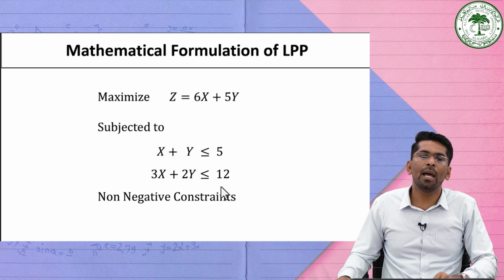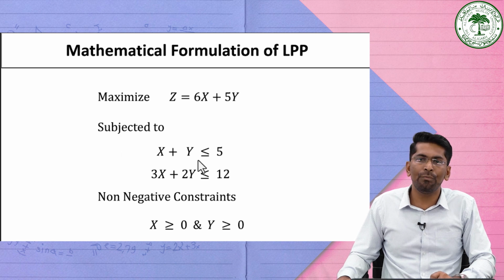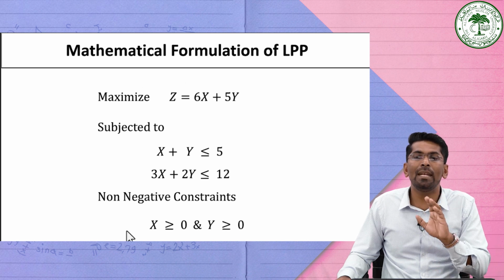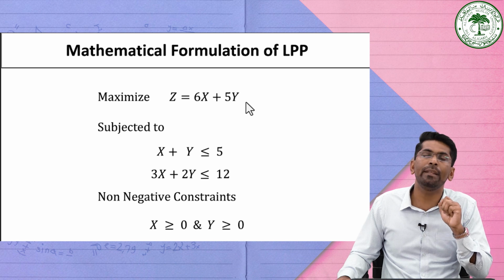Then after that we have the non-negativity constraints, that is x is greater than or equal to 0 and y is greater than or equal to 0. So we have formulated the real world problem into a mathematical model. This is the entire mathematical model. Now this linear programming problem is ready for finding the solution.